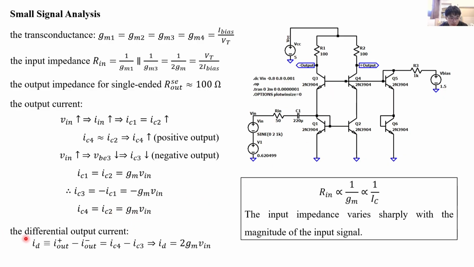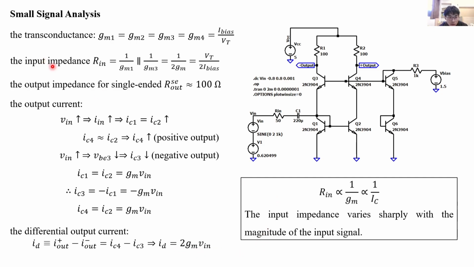Then we can define the differential output current as the positive output minus the negative output. Then the value goes to 2 gm Vin.